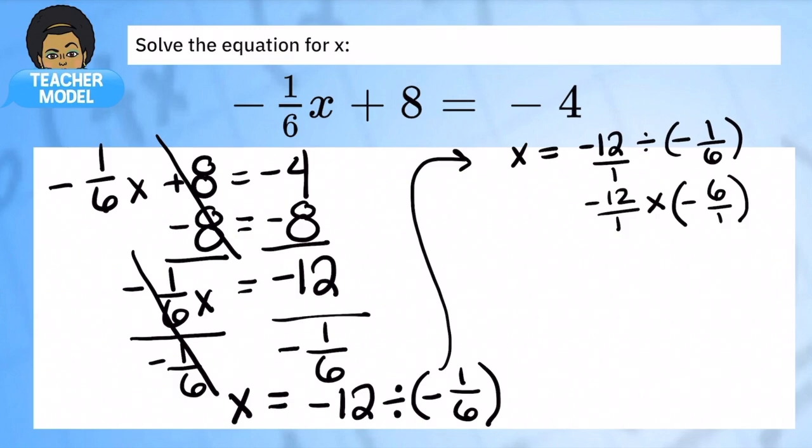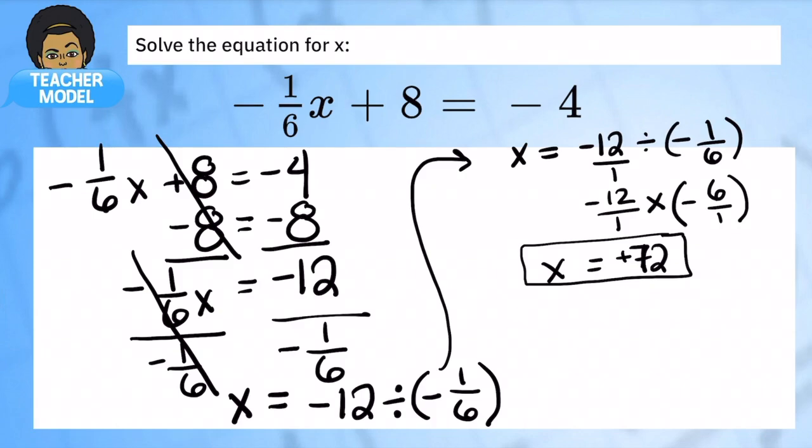Negative 12 times negative 6 is just going to give us positive 72. A lot of steps, just like I said. And we have a simple term on each side. x is equal to 72.